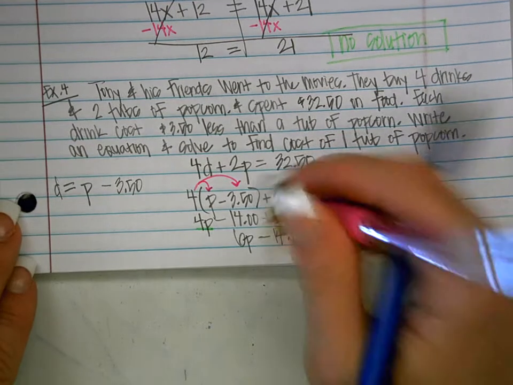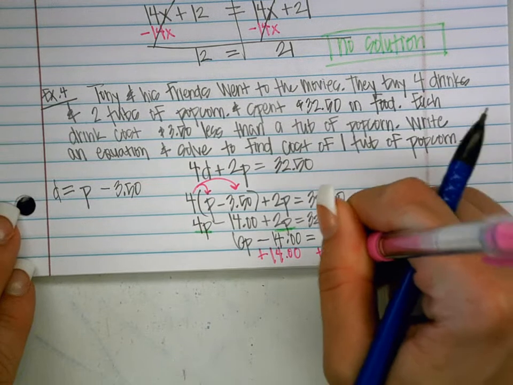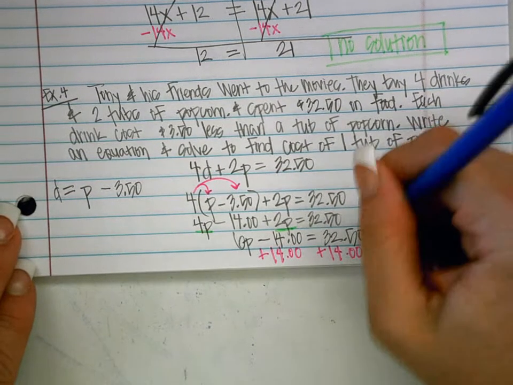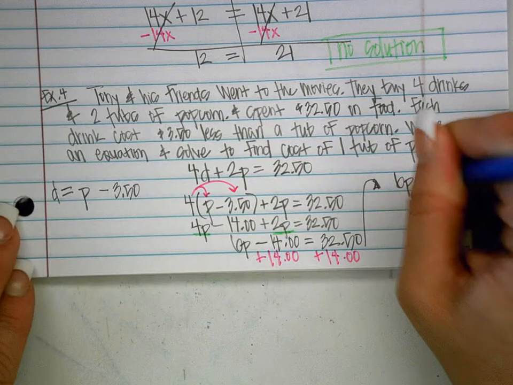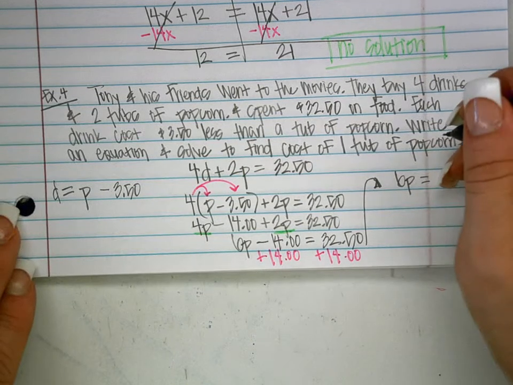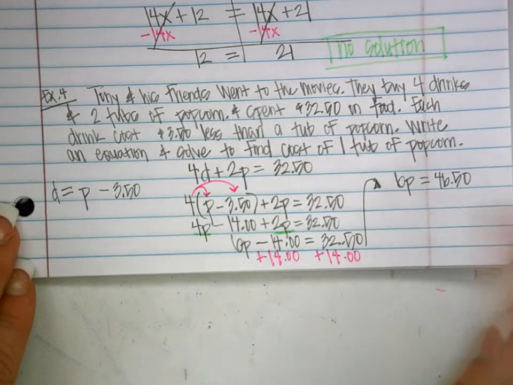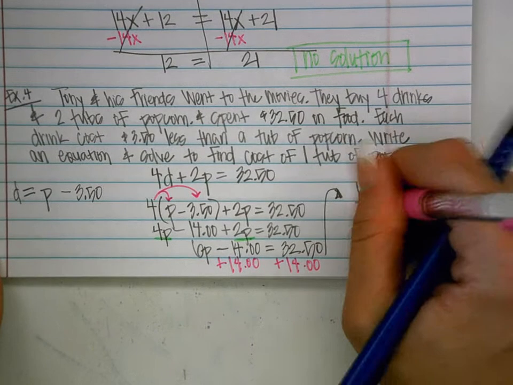Add the 14. So add 14 to both sides. Sorry, I'm running out of room. If you add 14 to both sides, I'm going to move it kind of over here. That would give you 6p equals, what's 32.50 plus 14? 46.50. And then finally, how do you solve? What would you have to do? Divide by 6.